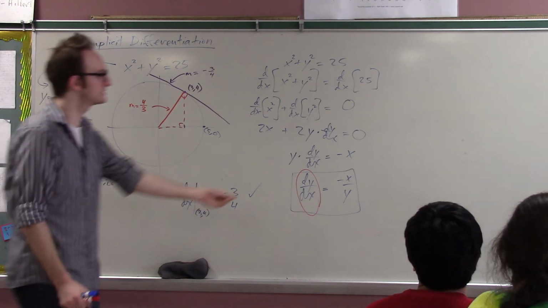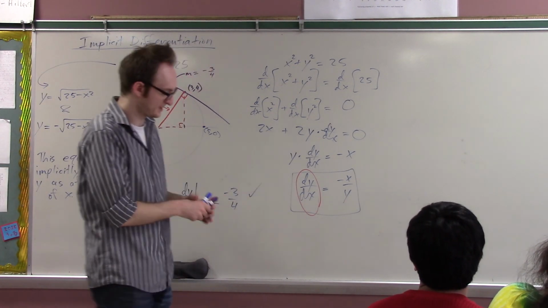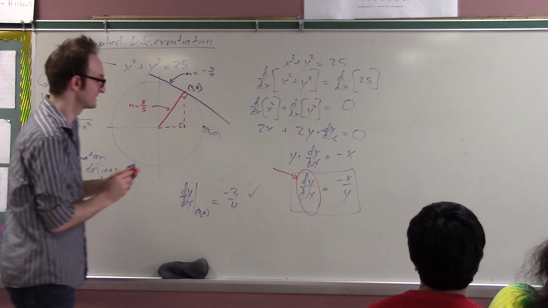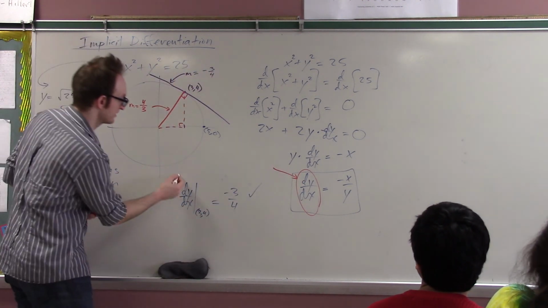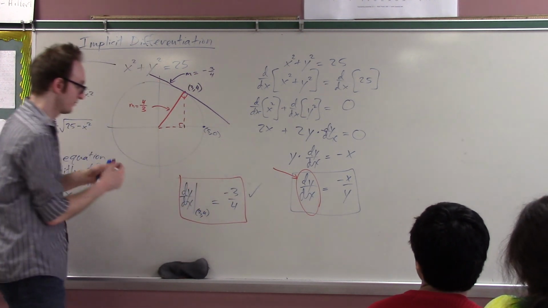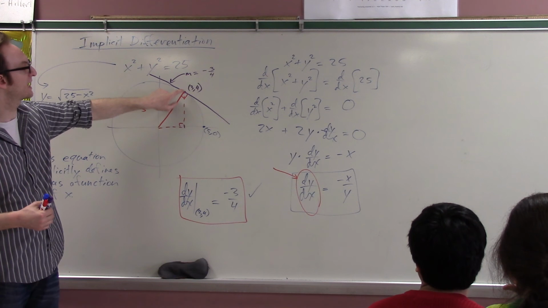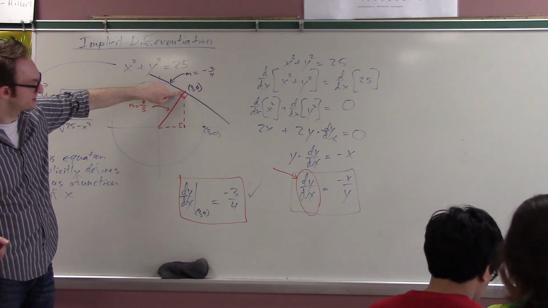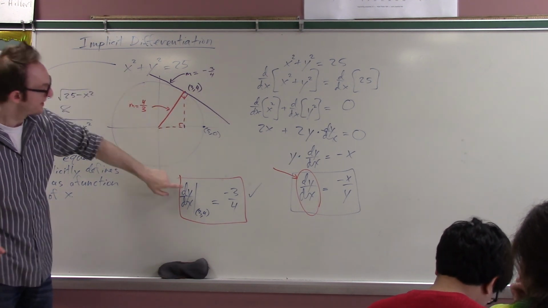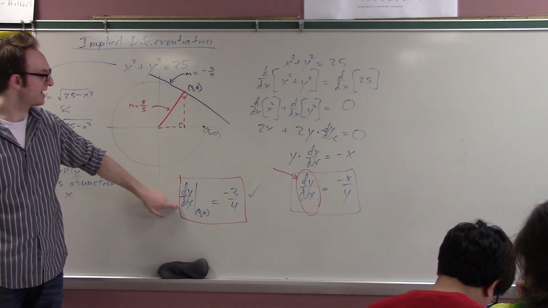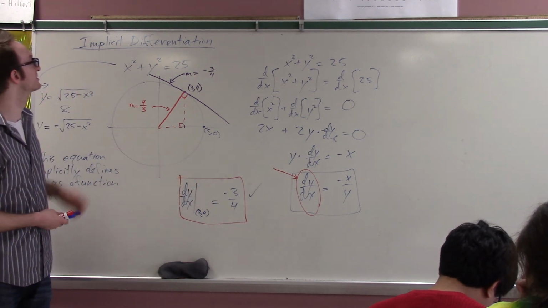But what is this really saying? I guess I already said this, but I'll repeat it one more time. What this is saying is, when you are at the point 3, 4 on this circle, the instantaneous rate of change of y with respect to x is negative 3 fourths.